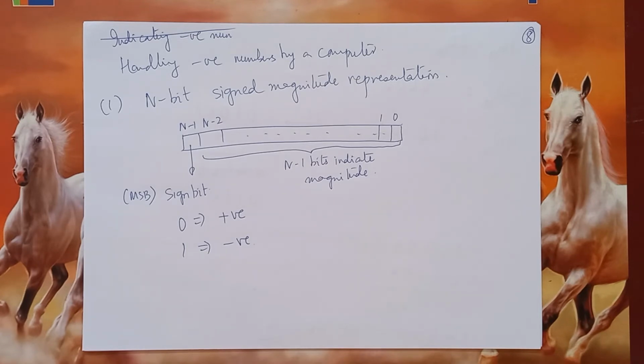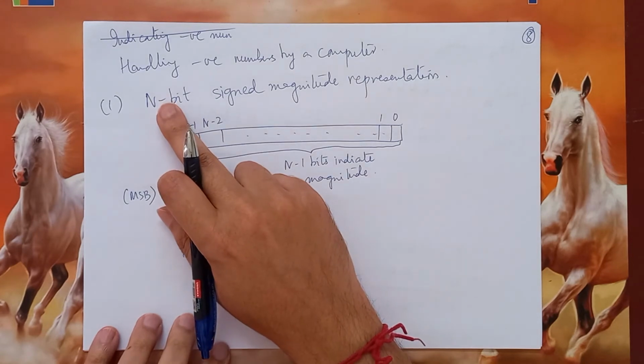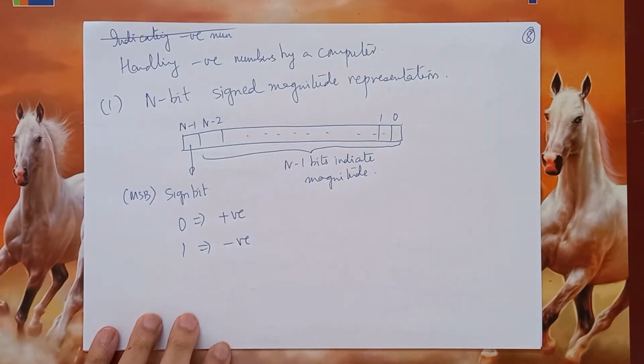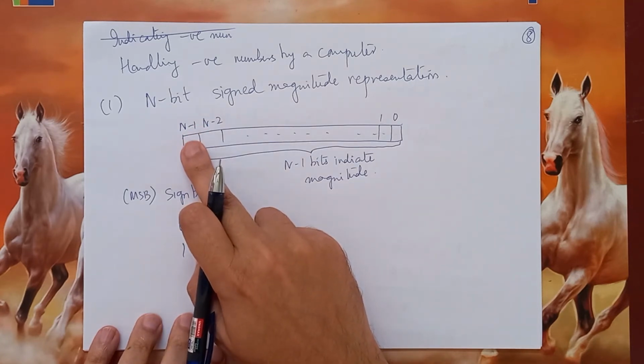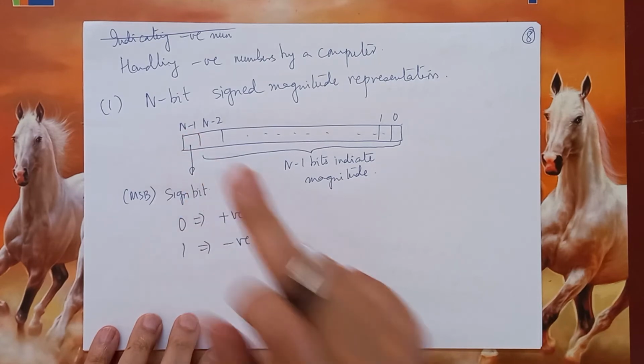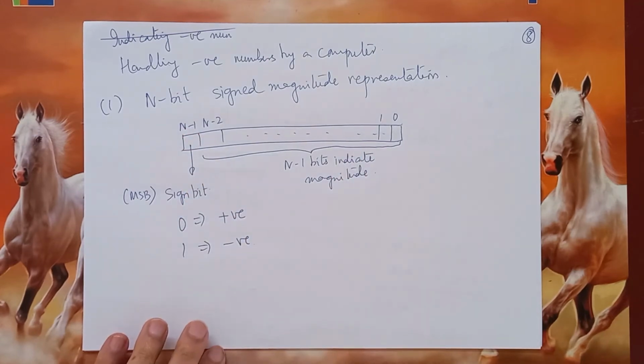Now, when we have an n-bit unsigned magnitude, unsigned means there is no sign bit. That means you can represent numbers which are only positive. In that case, the n minus 1th bit also contributes to the magnitude of the number. Let's look at this with an example.